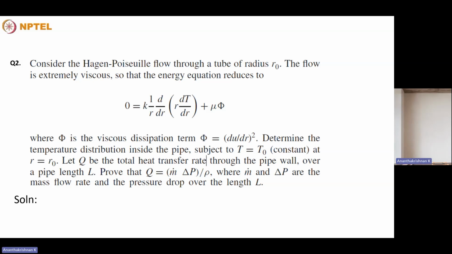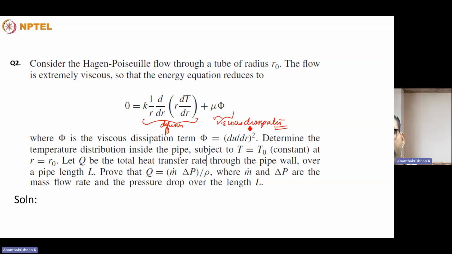So it's a fully Hagen-Poiseuille flow. So we know the temperature profile will be of the form, the energy equation will be of the form K into 1 by r d by dr. This is the diffusion term, and this is the viscous dissipation term.